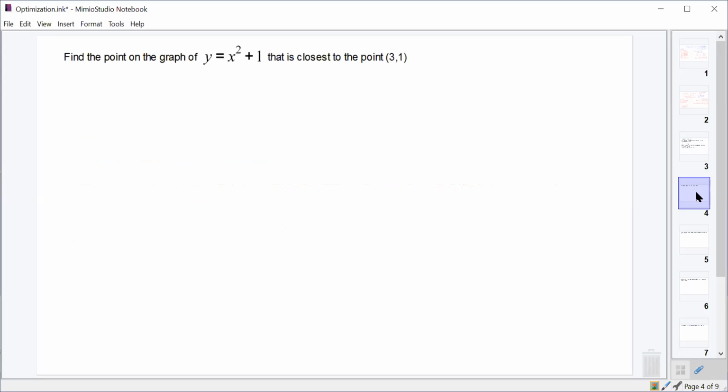So we want to find the point on the graph of y equals x squared plus 1 that is closest to the point 3, 1. So what is this asking us to do?